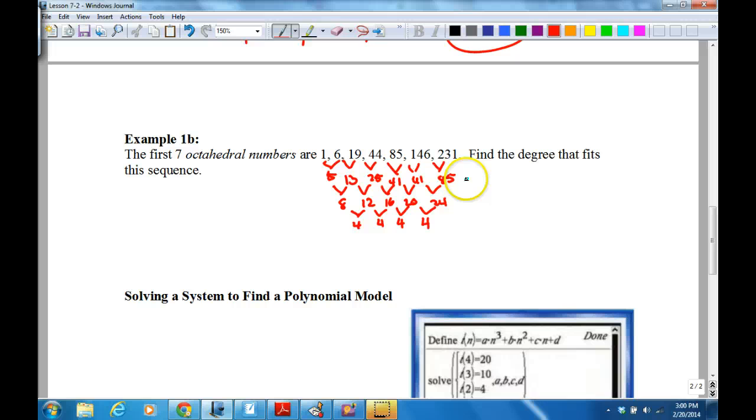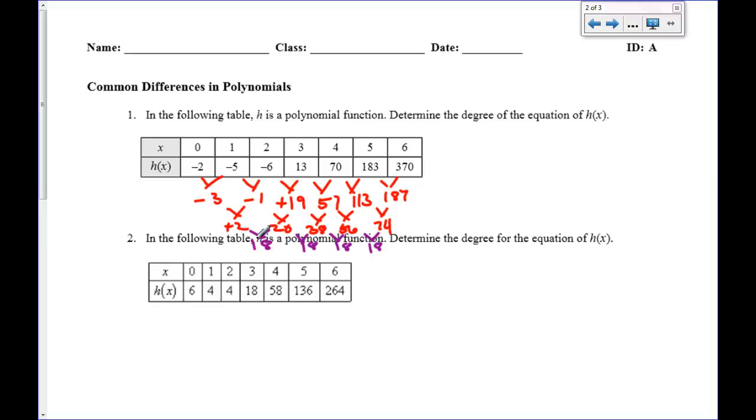Okay, so what degree did you guys get? I got third degree. I got third. Okay? I'm not pointing at you. So on this first one, if you look at the differences, here we go from -2 to -5. That's a difference of 3. And then -1. And then we jump to a 19, a 57, 113, and 187.